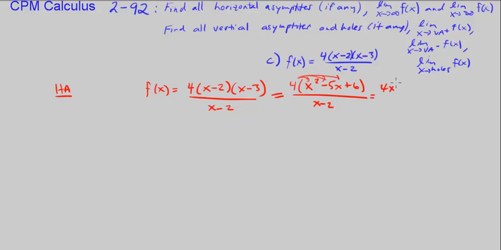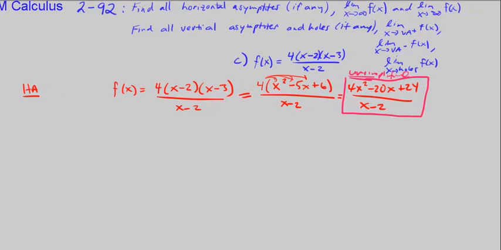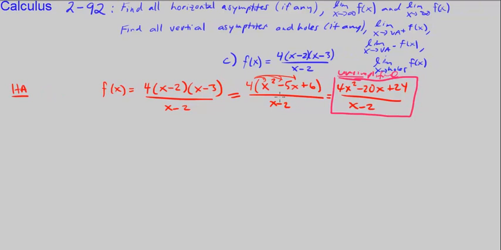We have (4x squared minus 20x plus 24) over (x minus 2). This is now our completely unsimplified form. We multiplied everything out and distributed everything.